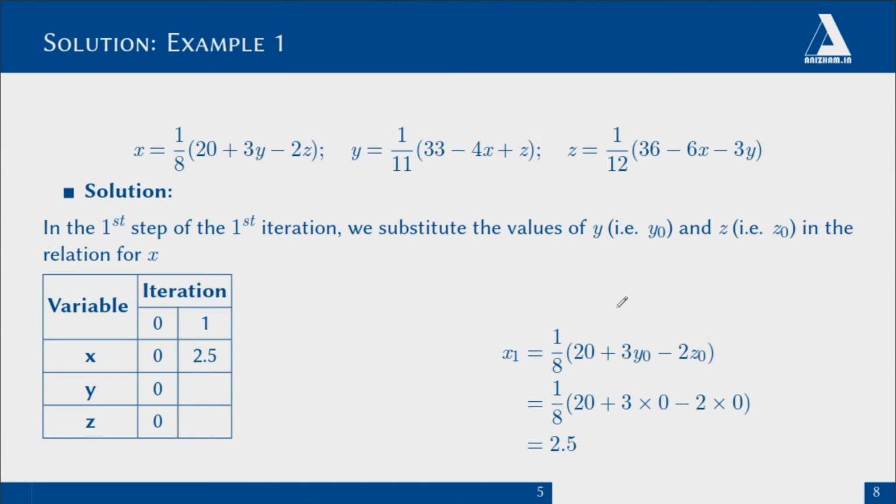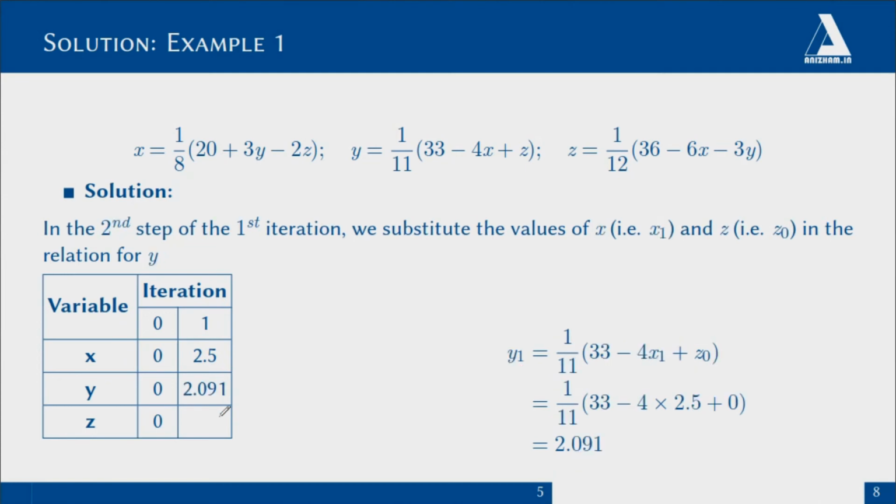In order to find out the value of x1, we have to replace the value of y with y0 and the value of z with z0. Here y0 is 0 and z0 is 0. So we obtain x1 as 2.5. So that particular value is inserted here. During iteration 1, the value of x is 2.5.